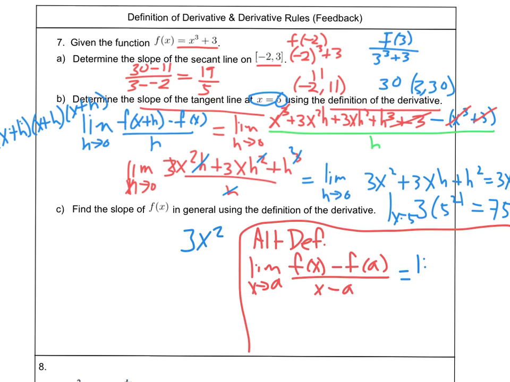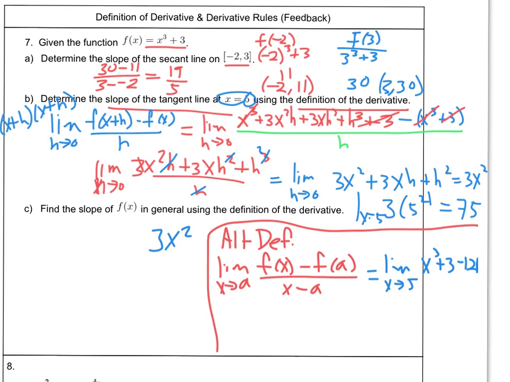You end up getting the limit as x approaches 5 of x cubed plus 3, and that's going to be minus, a is going to be 5, so 5 cubed is 125 plus 3 is 128. That looks like a 1 at the end. Let's move that over so we can actually see that.